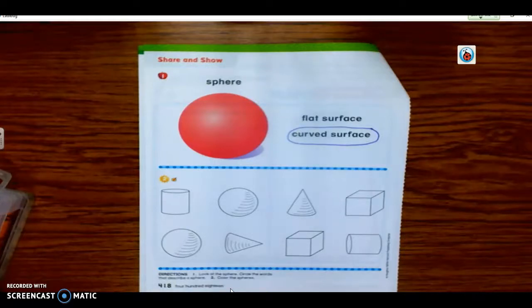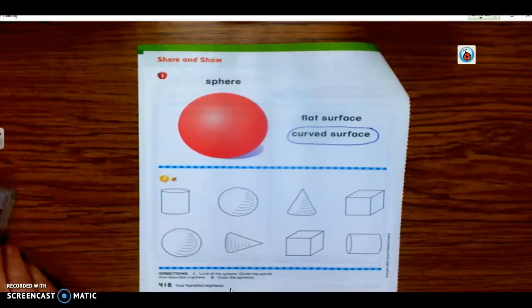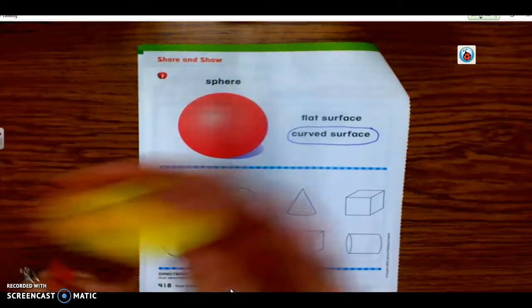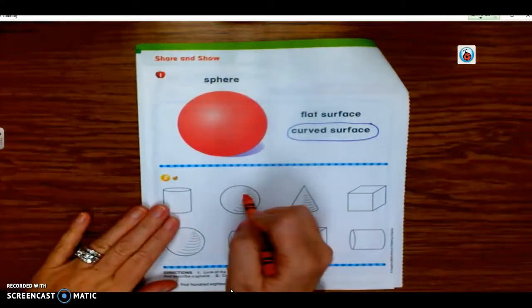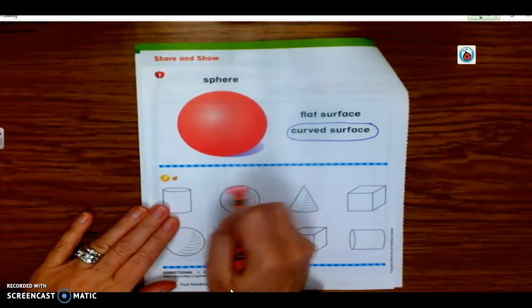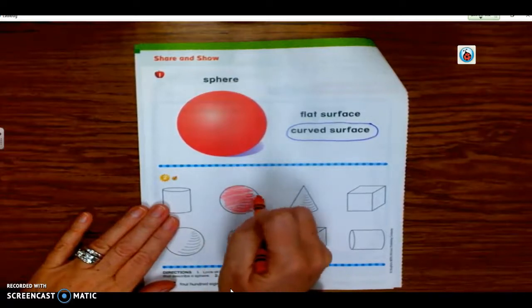All right, then down here by the yellow sun, they want you to color all the spheres that you see. Remember, the spheres are the ones that are shaped or look like a ball. Those are the ones we're going to color. So only color the spheres, leave everything else alone.